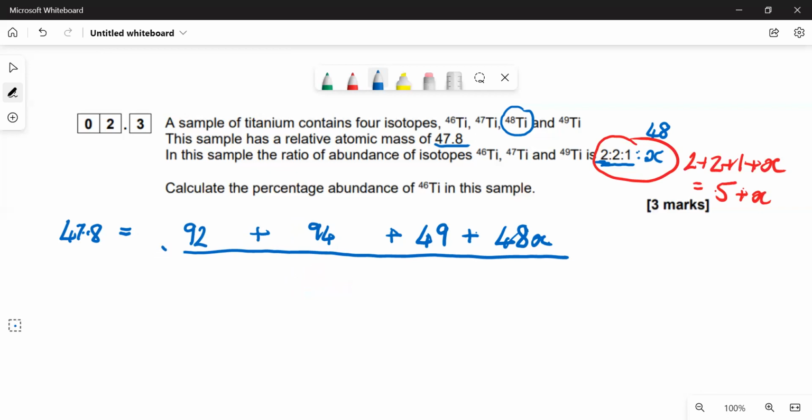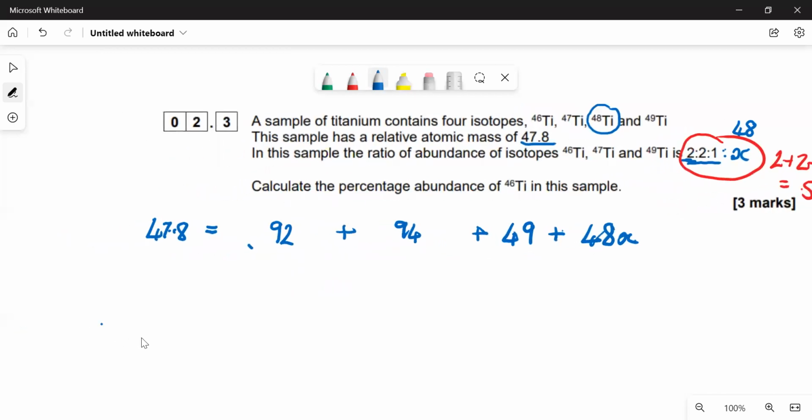That's going to go on the top line. So 5 plus X multiplied by 47.8. So just evaluate all of that.